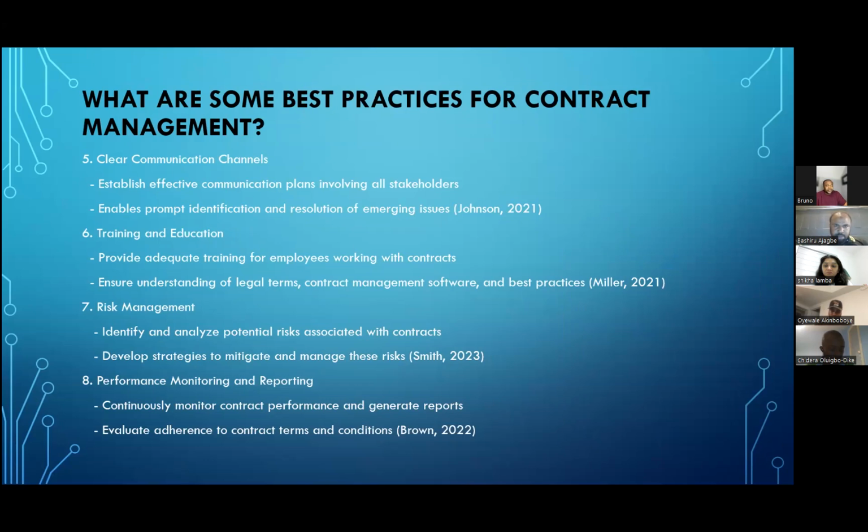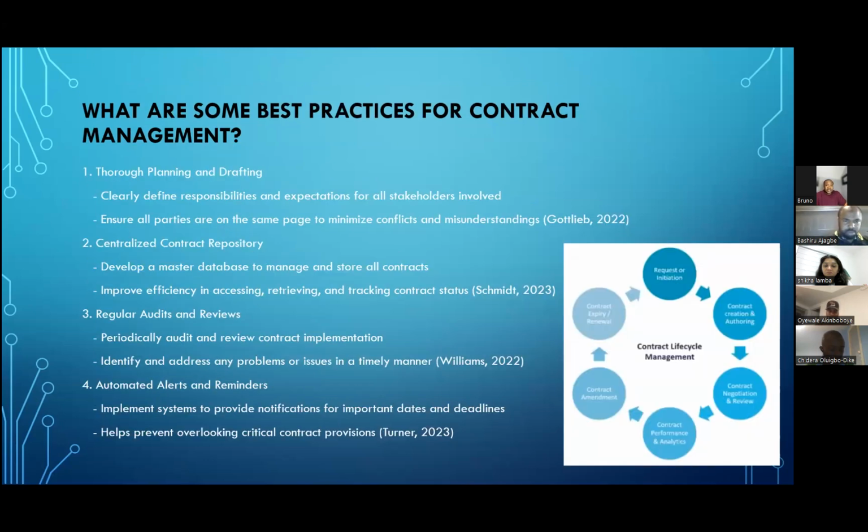Now, the first one being proper planning and drafting. In this case, it is important to clearly define responsibilities and expectations of all the stakeholders involved, so that all the terms will be clearly stated. Then, secondly, centralized contract repository involves developing a master database to manage and store all contracts, so that at any given time they can be retrieved from the database.